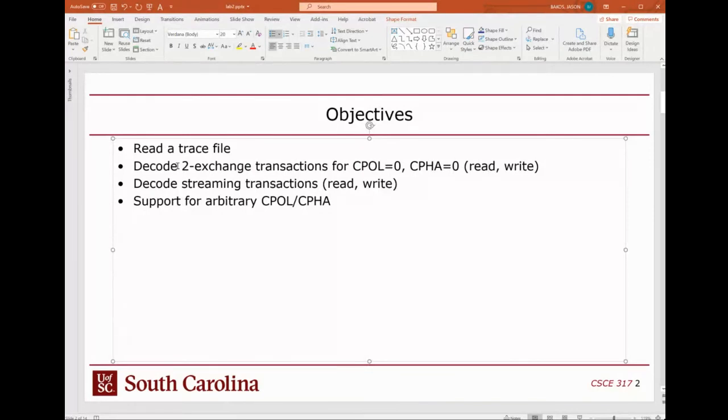The point is that in the first part, we're going to tell you CPOL and CPHA, and then in the last part of the lab, the third part, you're going to have to be able to decode transactions with arbitrary CPOL and CPHA. So in the first part of the lab, CPOL and CPHA are 0, 0.